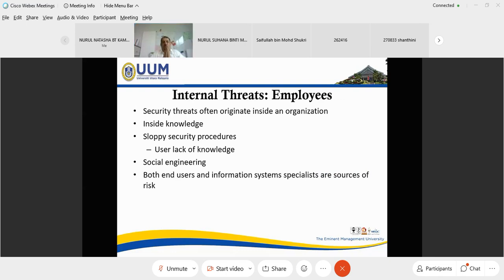Security threats often originate inside an organization because employees log in and forget, or they log into a fraud website and enter their username and password. Those hackers will then use their username and password.